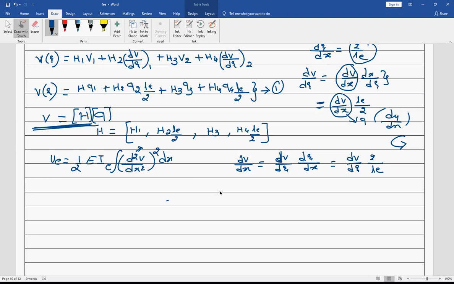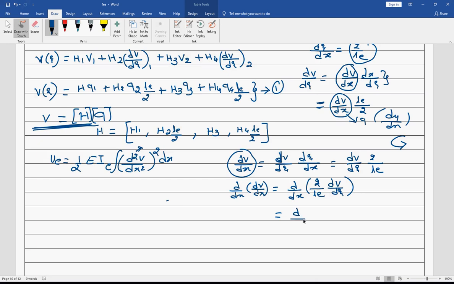Now I want the second order derivative. This is my first order derivative, that is dv by dx. So d by dx of dv by dx is equal to d by dx of 2 by Le dv by d xi.